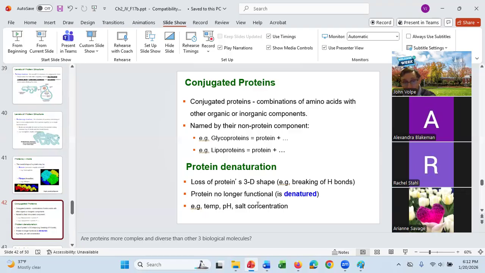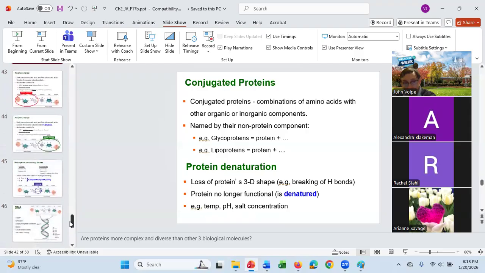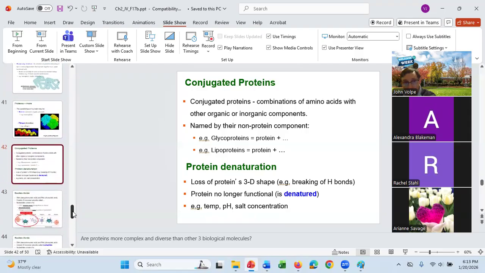A protein that is no longer functional is said to be totally denatured. You can denature a protein by putting it in the incorrect temperature, the incorrect pH, or the incorrect salt concentration. Any question about any of that?